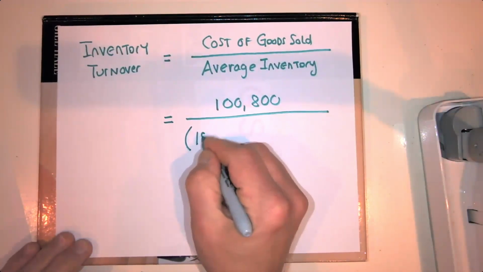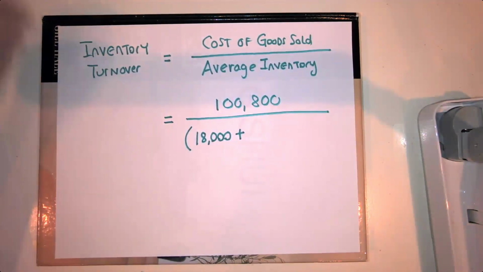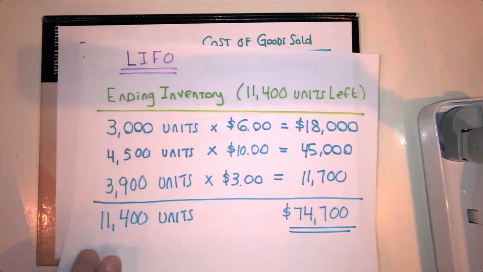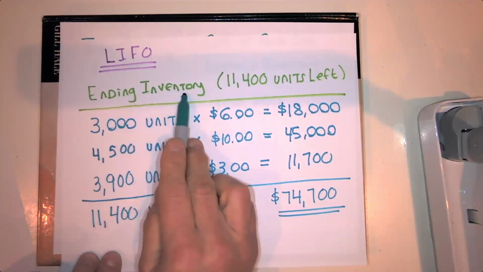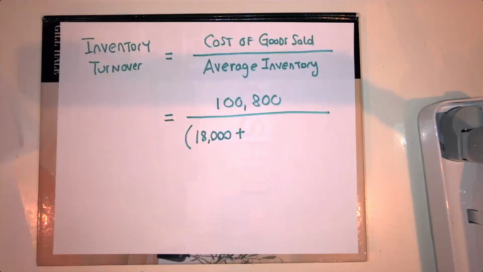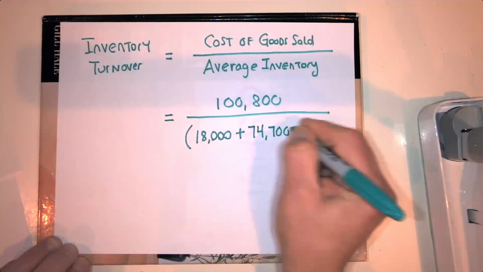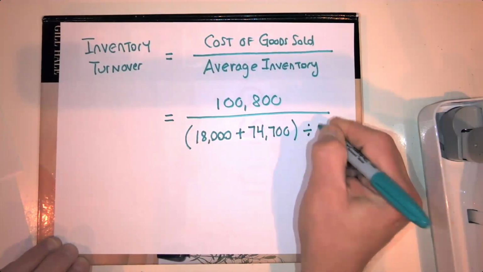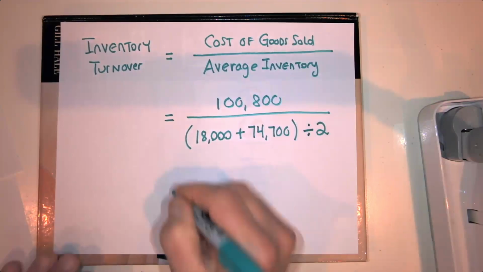So I'll take that 18,000. Using LIFO, we calculated the ending inventory, 74,700. So we'll take the beginning inventory plus the ending inventory, divide that by 2. That way we get an average inventory.